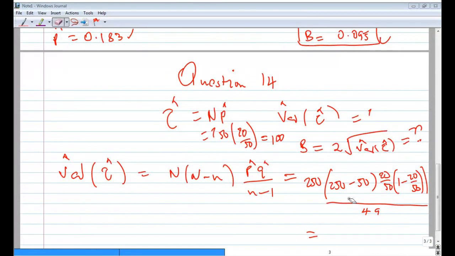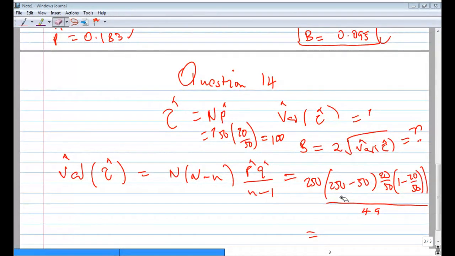So 250 minus 50 is 200. 200 times, let me see, 250 times 50 is 12500.